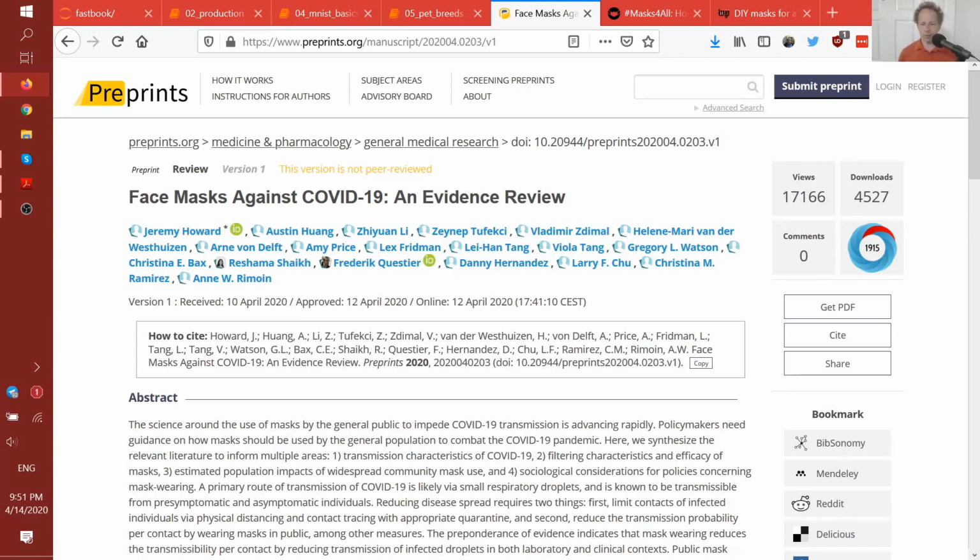And so we can see why bus drivers are dying, because they're right in the wrong spot here and their passengers aren't wearing masks. So I'm trying to explain this science to union leaders so that they understand that to keep the workers safe, it's not enough just for the driver to wear a mask, but all the people on the bus need to be wearing masks as well.